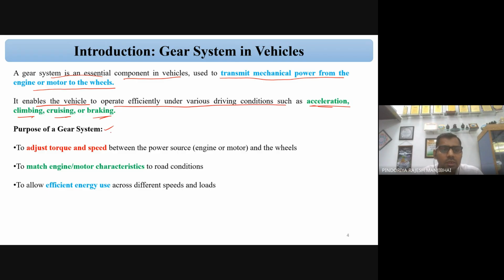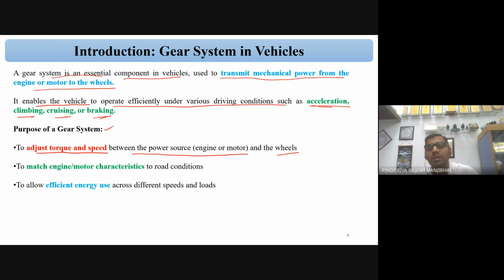The purpose of the gear system is first to adjust the torque and speed. Whether it is an ICE vehicle or an EV, we have to control only torque and speed, correct? To adjust torque and speed between the power source, that is the engine or the motor, and the wheel.